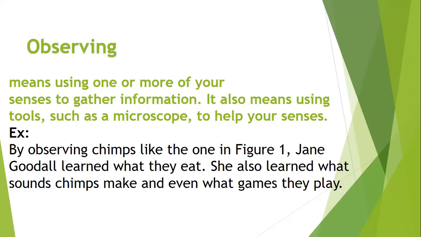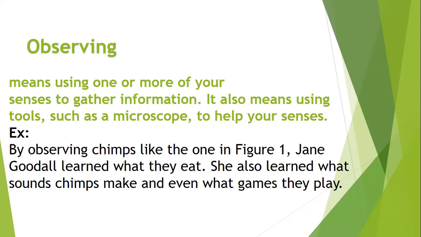For example, in our session we looked at observing chimps, which are a type of monkey, like the one in figure 1. Jane Goodall learned what they eat. She also learned what sounds chimps make and even what games they play.